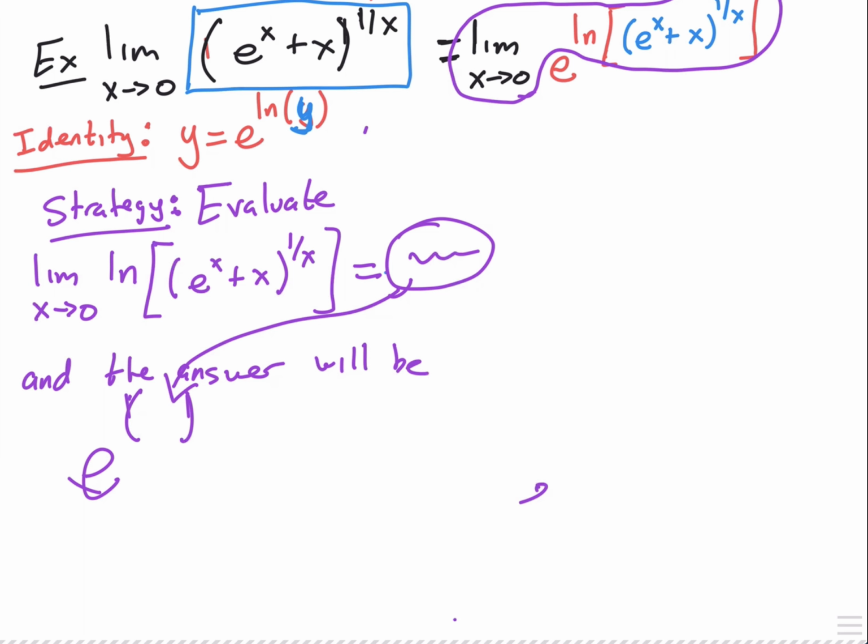It's just going to be e raised to whatever we get, because we're evaluating this in the purple right here. So my answer is e raised to that power. Does that make sense? It's kind of a lot of stuff, but it's very similar to logarithmic differentiation.